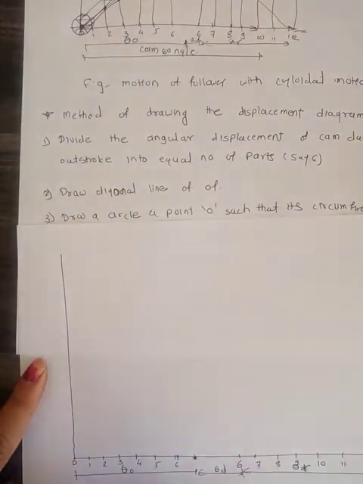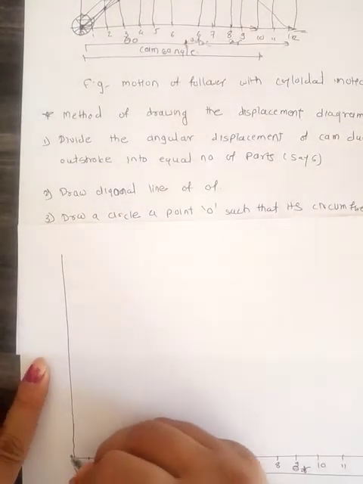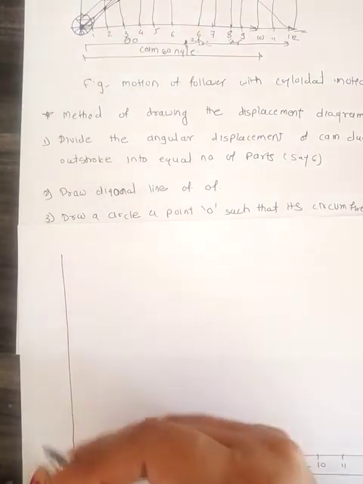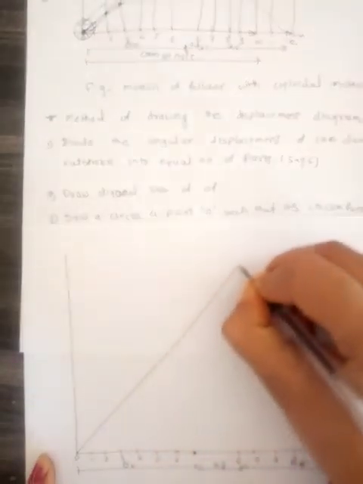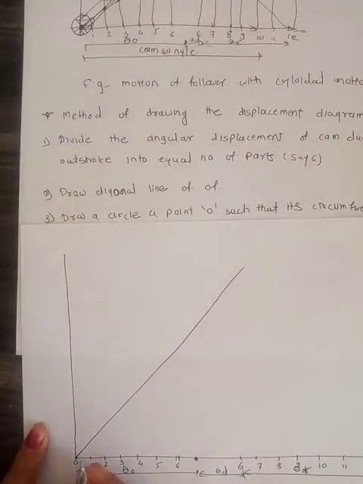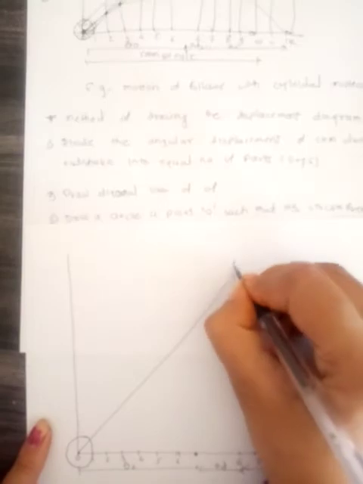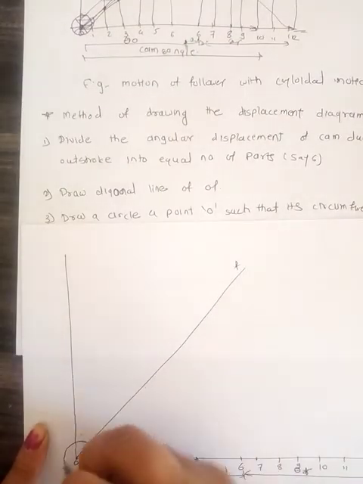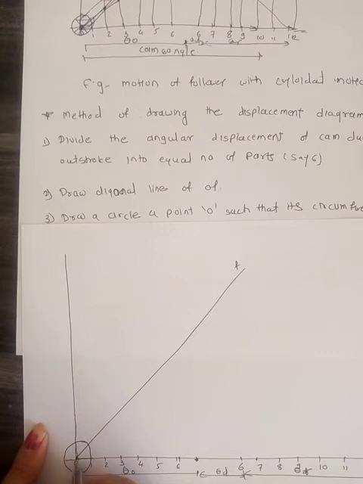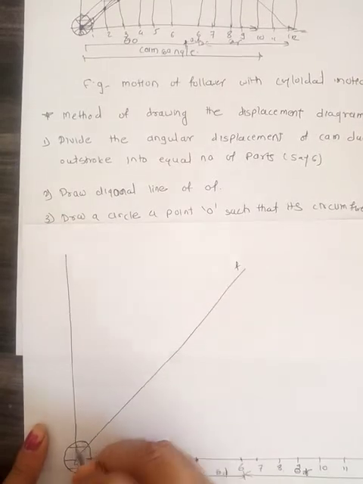The second step is to draw the diagonal line OF. O and F, this is the diagonal line. And then draw the circle of OA. Suppose this is O. Here this is the diagonal OF, and parallel to this, divide again into 6 parts. Draw the line parallel to the diagonal.